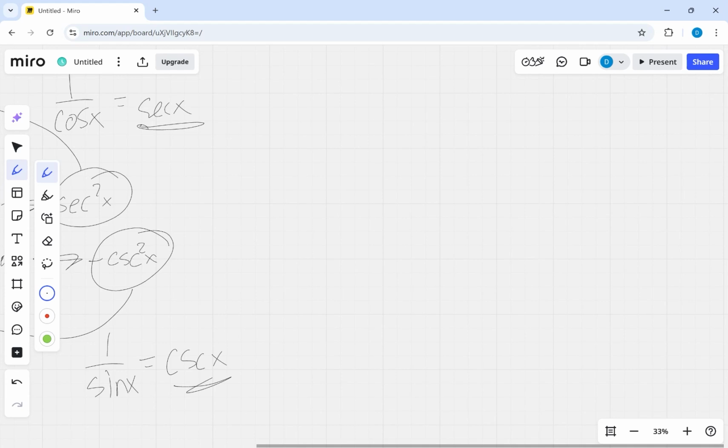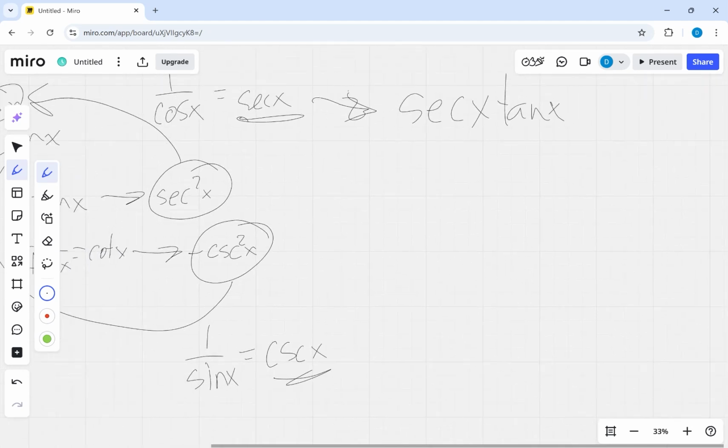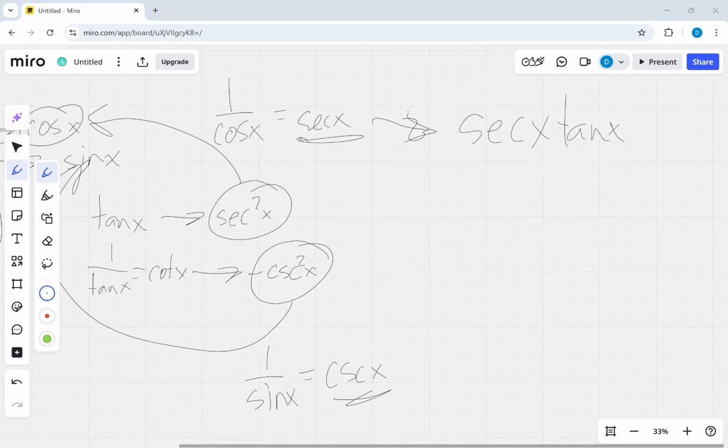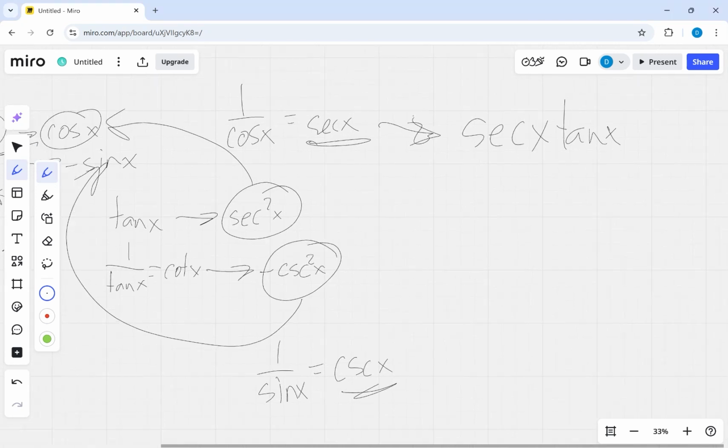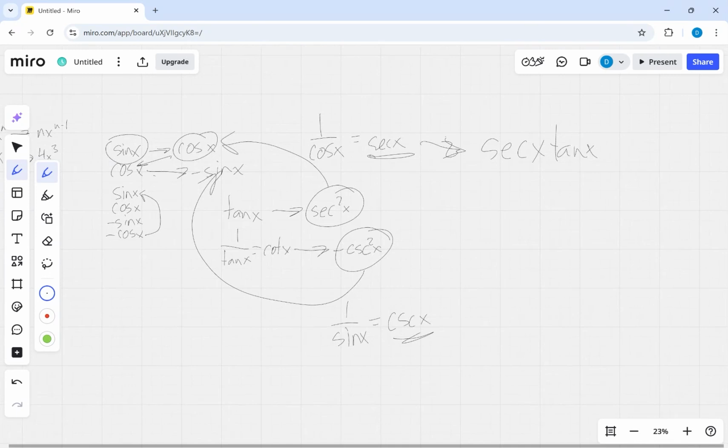So the derivative of secant turns into secant x tangent x, which, I can see the resemblance here. I can absolutely see how this secant and this secant x tangent interact because of this resemblance right here.